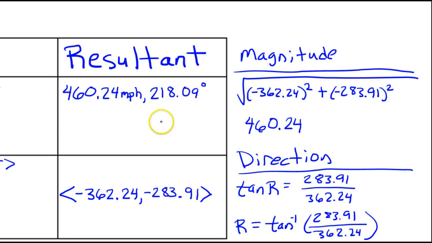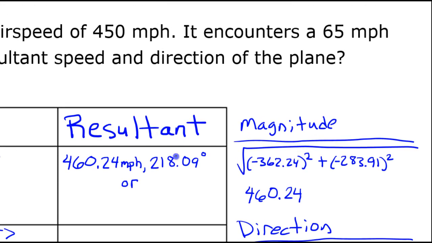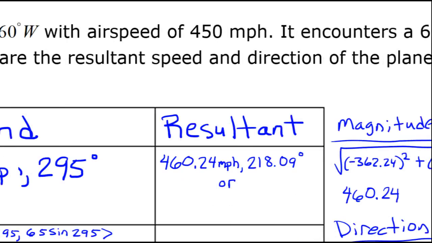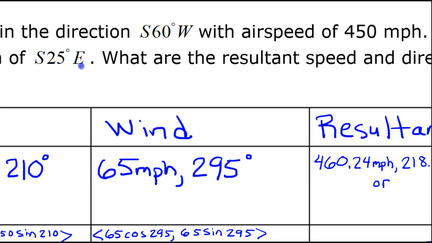However, in this particular case, we cannot leave this as our final answer. The reason why is the direction. We converted to a method of giving direction measuring from the positive x-axis. However, in the original problem, they gave us directions using this form: south 60 degrees west, south 25 degrees east.